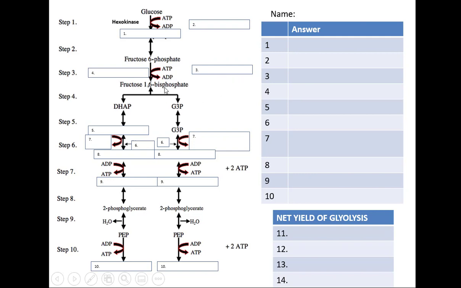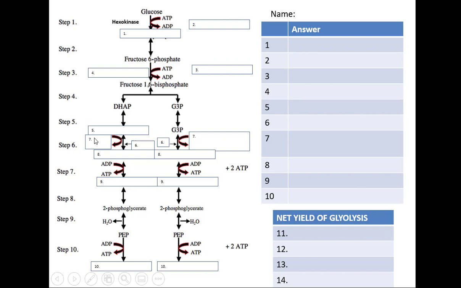And fructose 1,6-bisphosphate becomes glyceraldehyde 3-phosphate, G3P, and DHAP. But DHAP is not really stable, so it automatically becomes G3P. Actually, if you understand, the answer is in the question. So G3P. And G3P releases what? 2 proton, 2 electron.